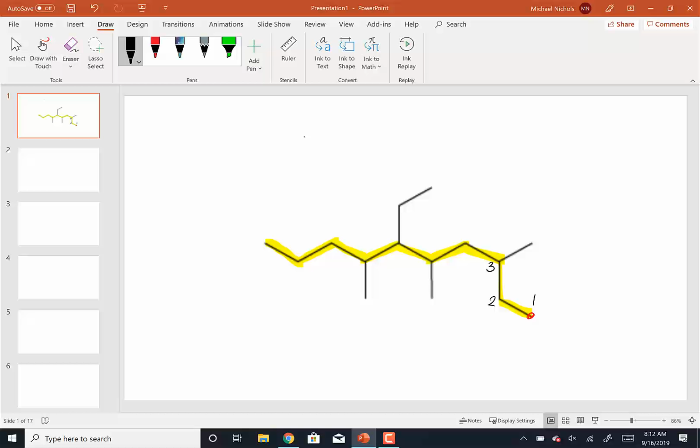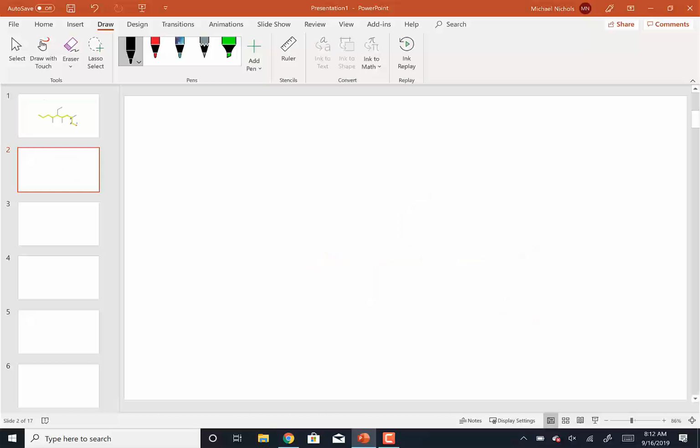What are the tiebreakers here? Let's say I've got this 5-carbon chain, and I've got 2 groups here and 1 group there. So the first tiebreaker is that you would number from the end if you have 2 substituents at one end and 1 substituent at the other at exactly the same position, the same first position.